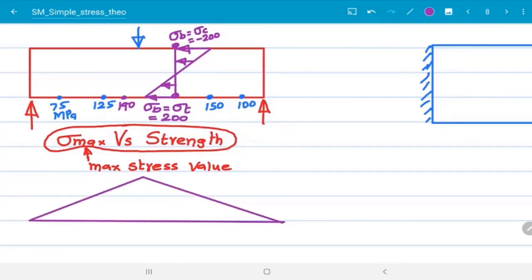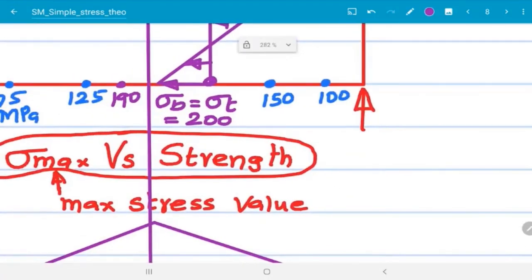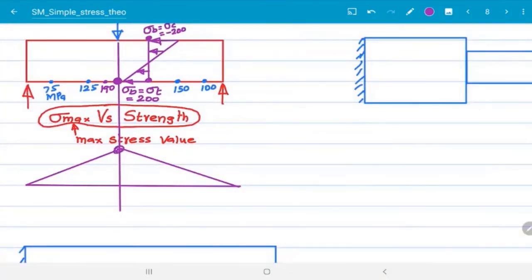First you have to draw the BMD. If you calculate the bending normal stress at the maximum bending moment location, here you will get the original sigma B max. It may be 210 or 220 or 230.